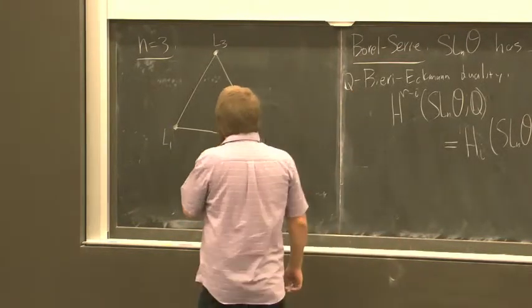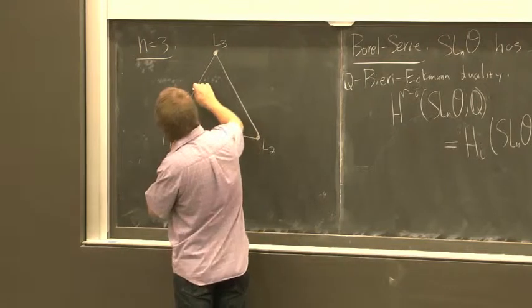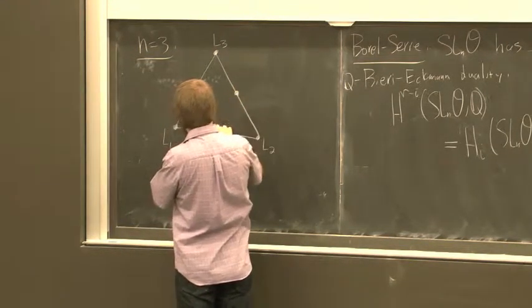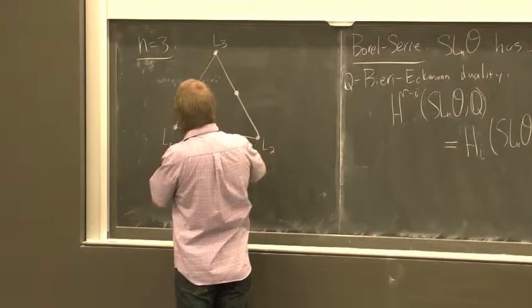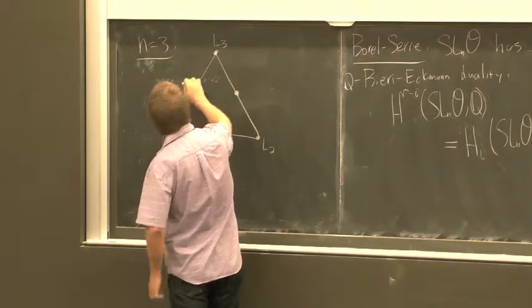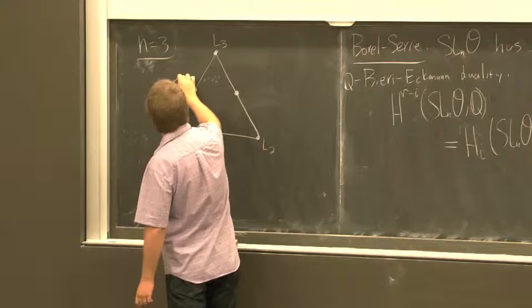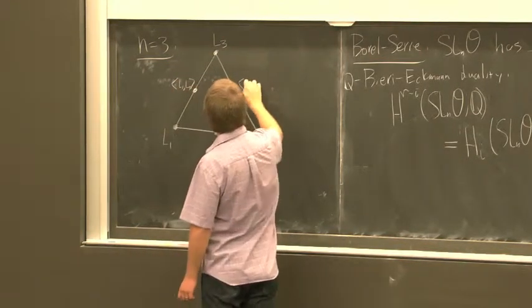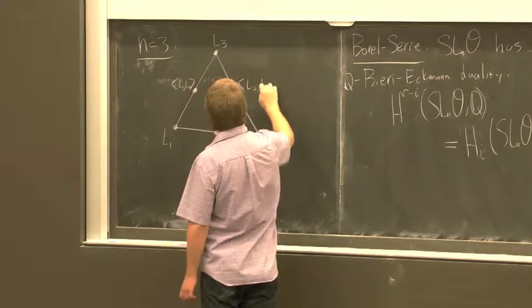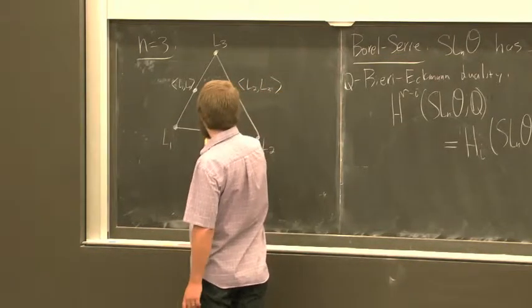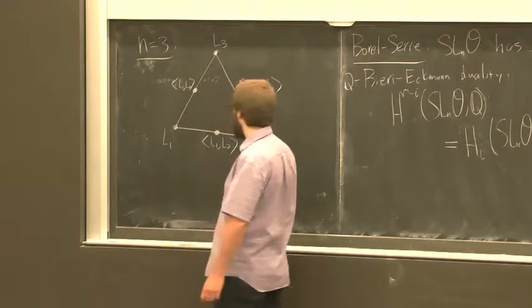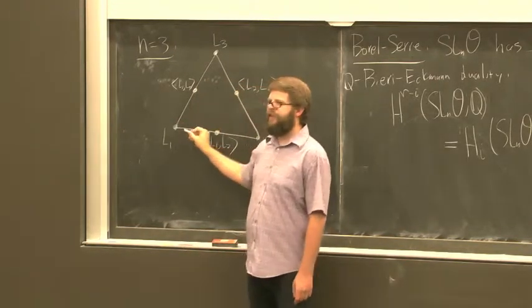So in the middle of these, I'm going to stick the spans. Let's say that's the span of L1 and L3, the span of L2 and L3, and the span of L1 and L2.